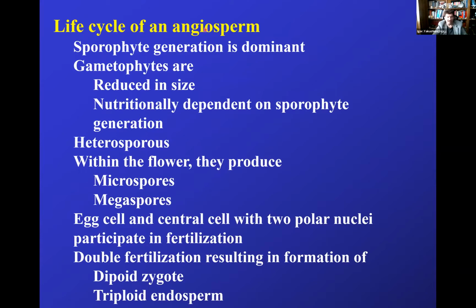So, life cycle, same kind of thing. Same thing means what? We have a sporophyte and we have a gametophyte. Now gametophytes are drastically reduced, literally a handful of cells. The male gametophyte is essentially 2 or 3 cells, depending on the stage, but 3 cells: 2 sperm and 1 pollen tube cell.